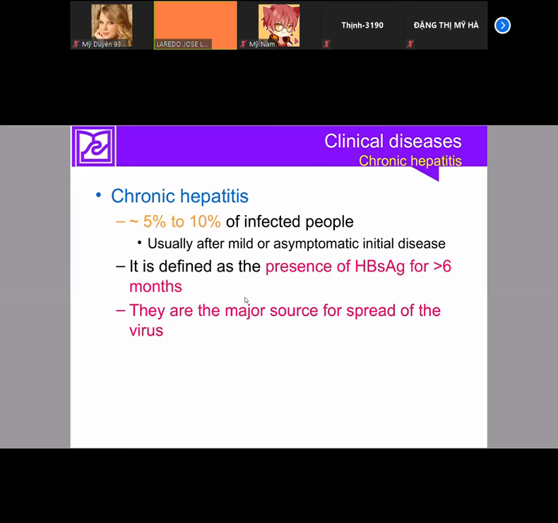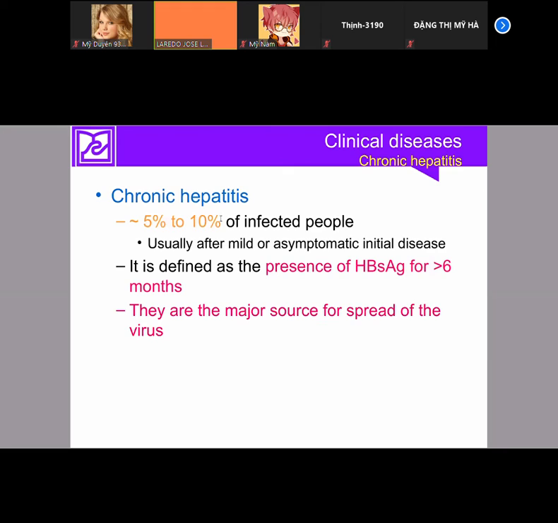So look, the problem of hepatitis B is that some patients become chronic. Between 5 to 10% of patients will not recover. They will become chronic. We know this because the surface antigen is found in blood for more than 6 months. This is the marker of a patient with chronic hepatitis B, between 5 to 10%.